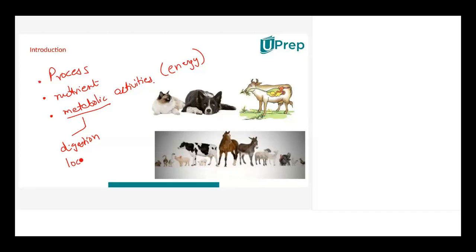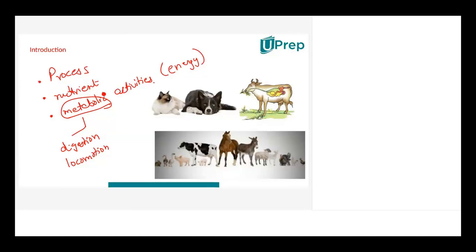So what are these metabolic activities? For example, animals will use it. So for all these metabolic activities, you need energy. So this is what all of you were saying, right? So why do you need this energy? You need this energy for digestion. You need this energy for locomotion, right?